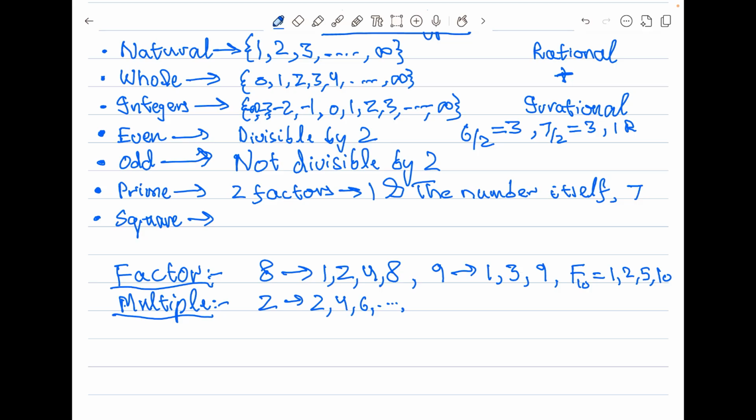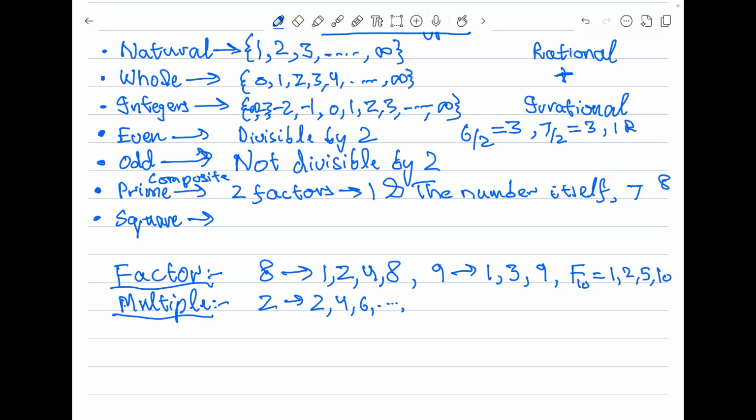There is no other number that divides 7, right? If you were talking about 8, 8 is not a prime number because it's divisible by 2 and 4, in addition to 1 and 8 itself. So it's not a prime number, all right? Such a number, which is not a prime number, is called a composite number. So those are the two types, the prime number and the composite number.